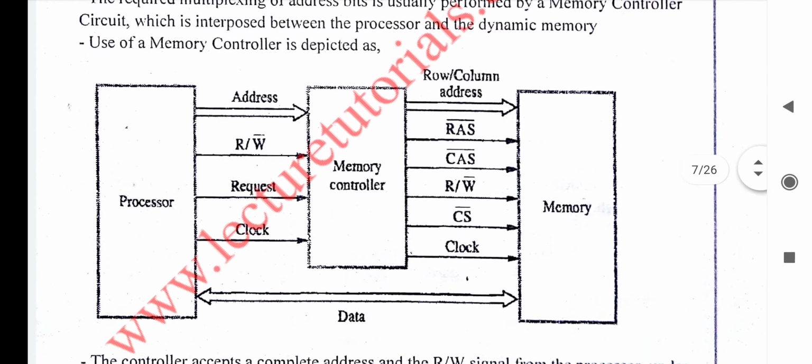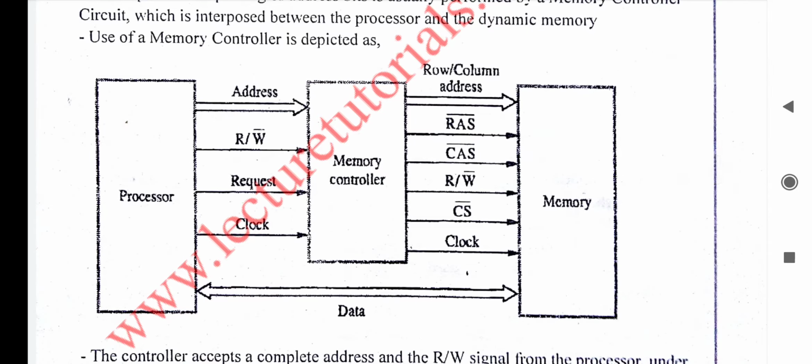Here we have a processor and a memory. How are the processor and the memory connected together? Here we have an address bus, a read and write signal, a request, and a clock. In between the processor and memory, we have a memory controller.